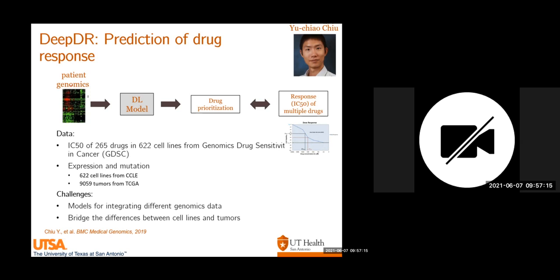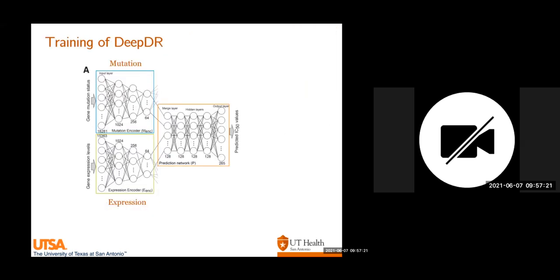Okay, and we're able to train such a model. I'll show you the model in the next slides. Okay, so actually, in this case, we use not only the gene expression data, we also use the mutation data of the patients. So we combine these two data types and build a deep learning model that's capable of producing the drug responses.